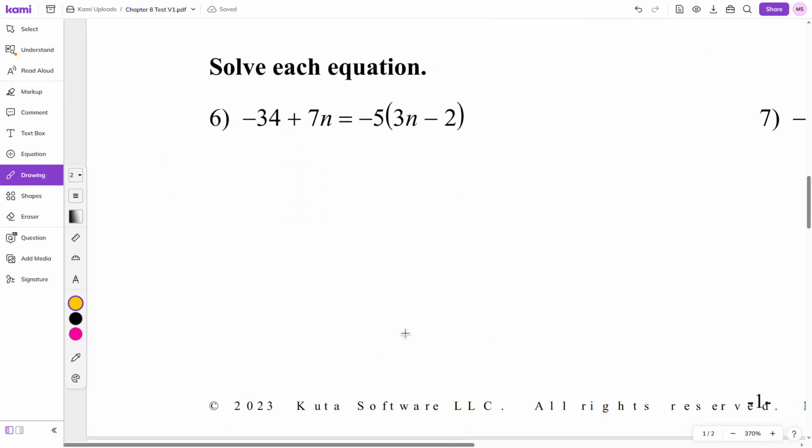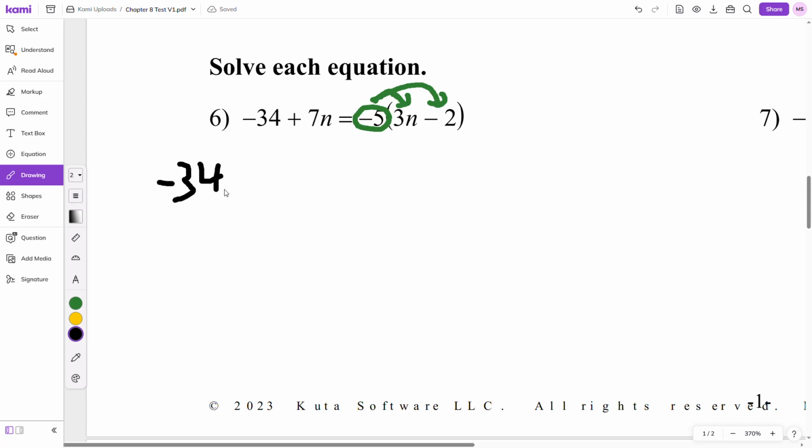Number 6. For this one here, you need to distribute this negative 5 here. And please note that the negative belongs to the term. And when you distribute it over here and over here, the negative goes along for the ride. So that means that this equals negative 34.